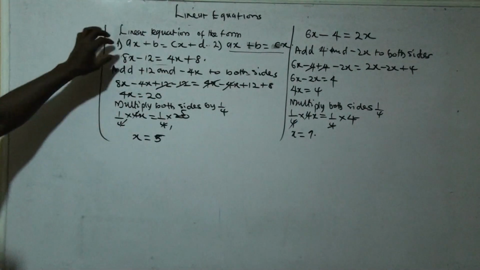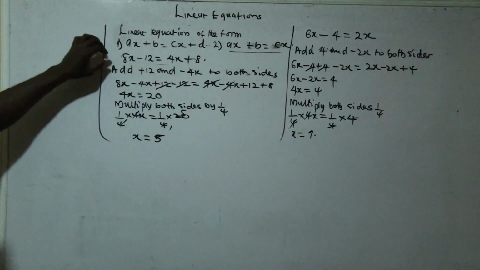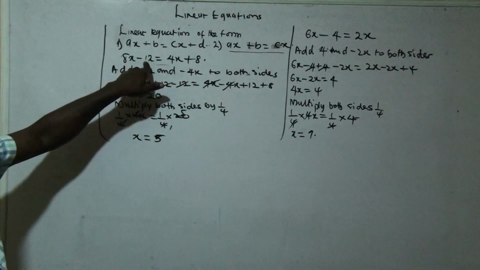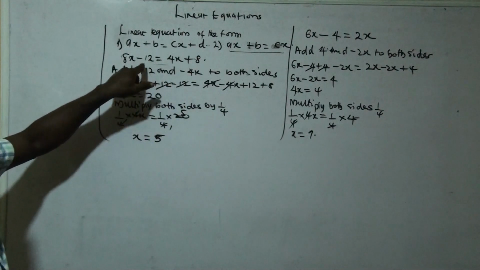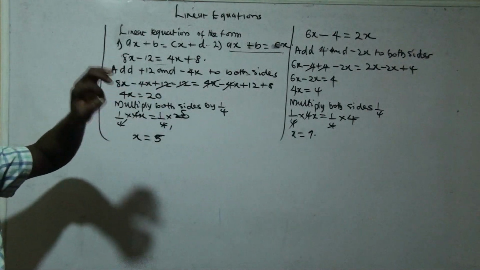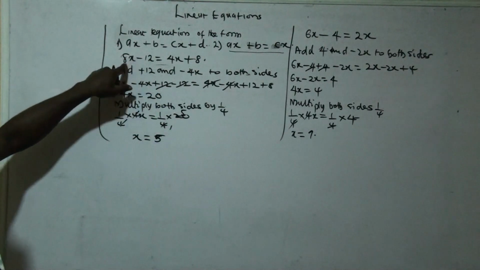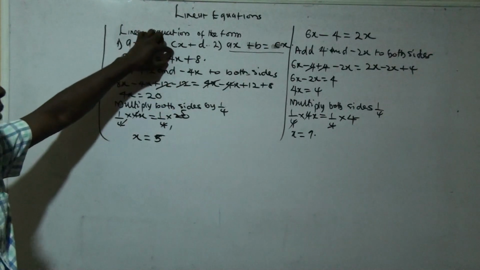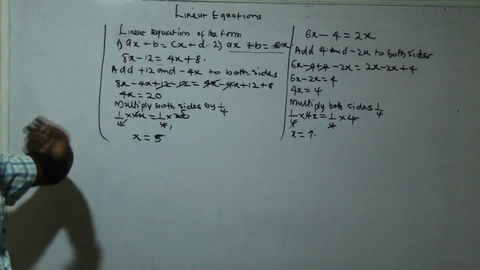So given a linear equation of this form, what you need to do is identify the constant term on both sides, look for the smaller one among them, and find the additive inverse of it. Look at the unknown terms on both sides, identify the smaller one, and find the additive inverse.